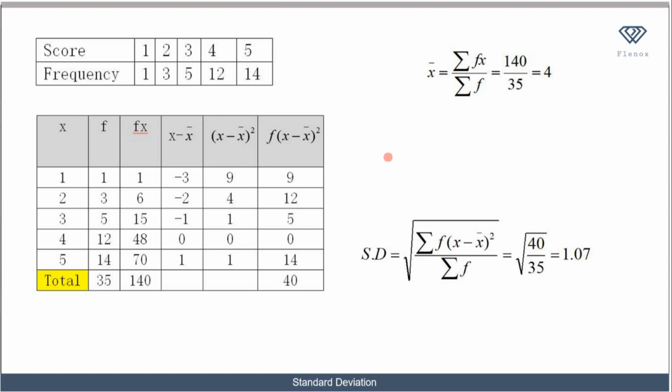If you remember, we got our variance to be equal to 1.143. So now we know our standard deviation will just be equal to the square root of 1.143, which is the same thing as 1.07, which is what we have written out here. So the standard deviation again is just the square root of the variance.